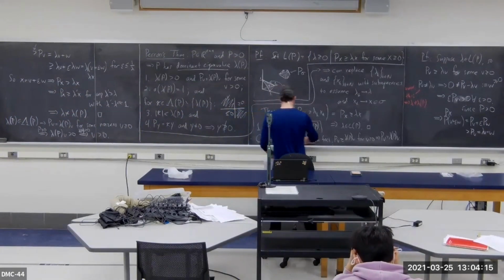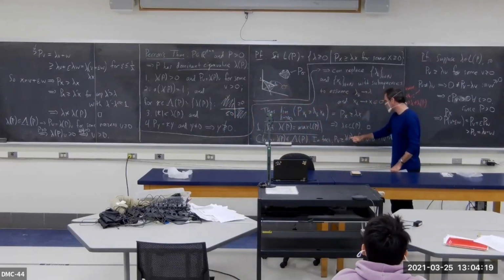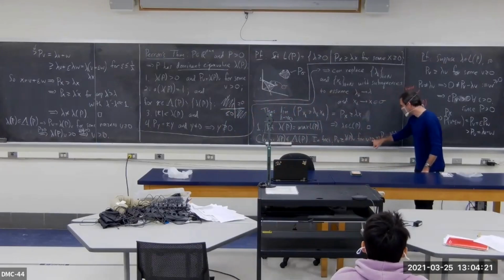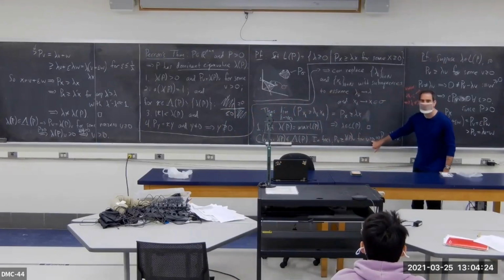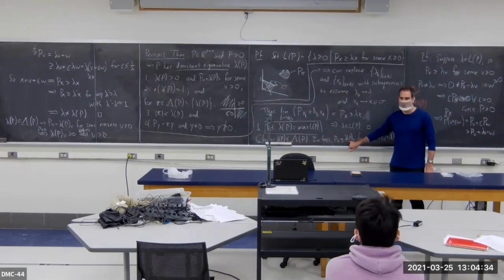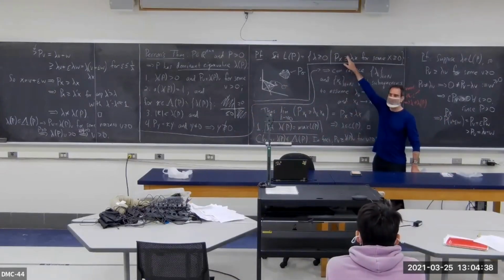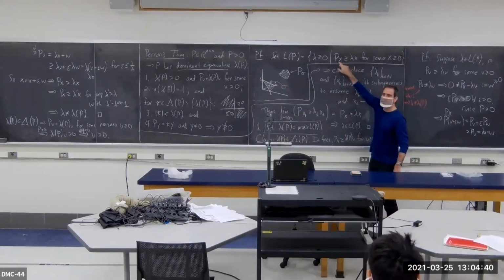So the point was, again, this says that if PV is greater than or equal to lambda PV for V greater than or equal to 0, lambda of P automatically has such a V. There is going to be a V such that PV is greater than or equal to lambda P times V. That's because lambda of P is an element of L of P, which means there exists some X here.